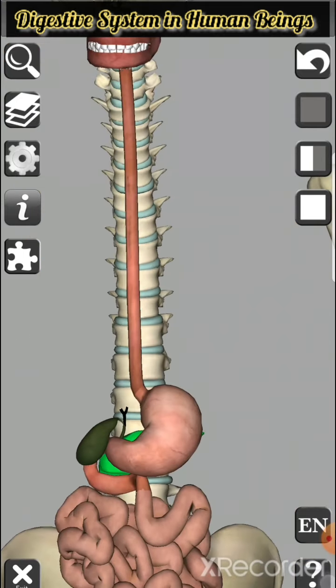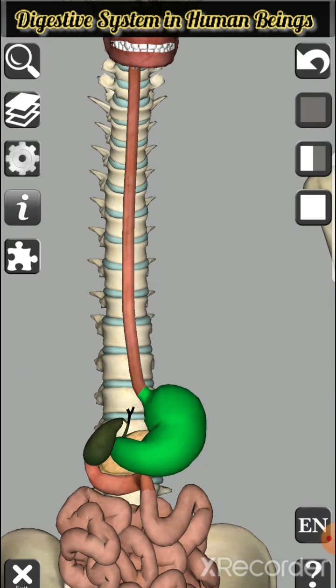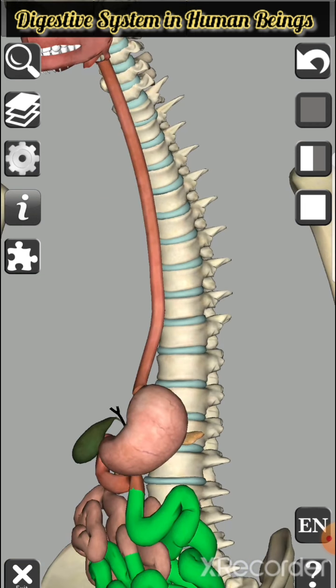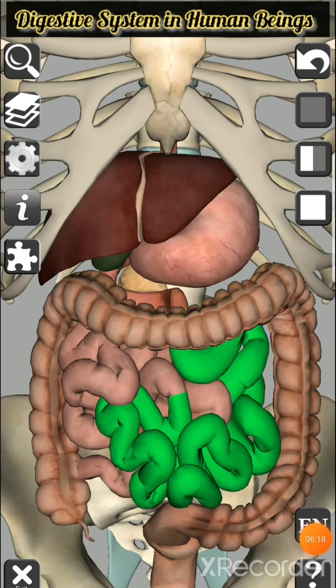Now from here, where will this food enter? Food will enter into the small intestine. Here you can see this tube-like structure is the small intestine. The small intestine is about 6 meters long, and most of the digestion and absorption of food takes place here.